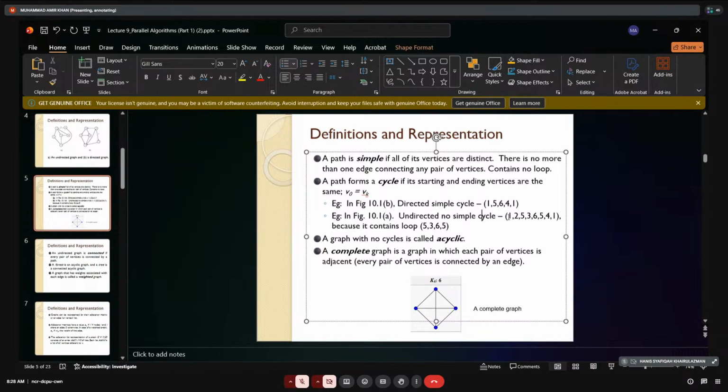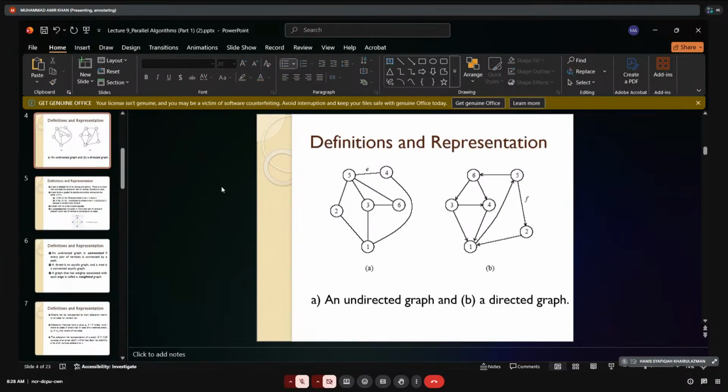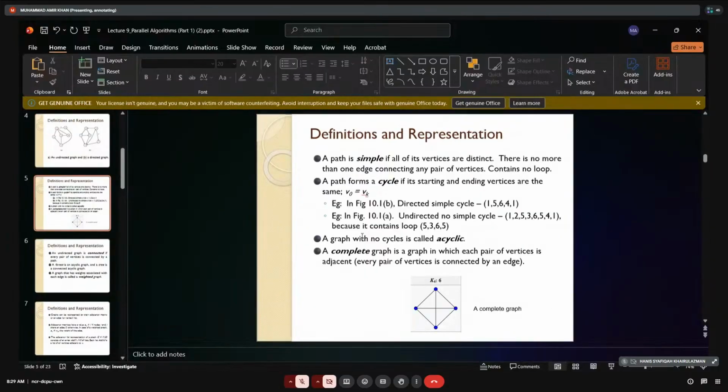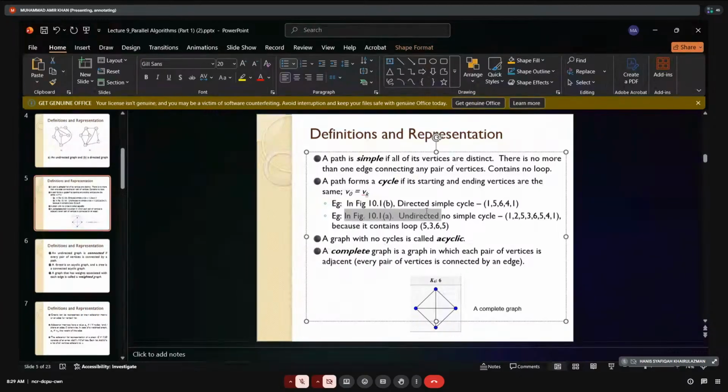How? Because you can see here: 1, 2, 5, 3, 6, 5, 4, 1. See 1, 2, 5, 3, 6, and 5, and then 4, and then 1. Understand? This is basically what we call undirected, no simple cycle, because it contains the loop 5, 3, 6, 5.